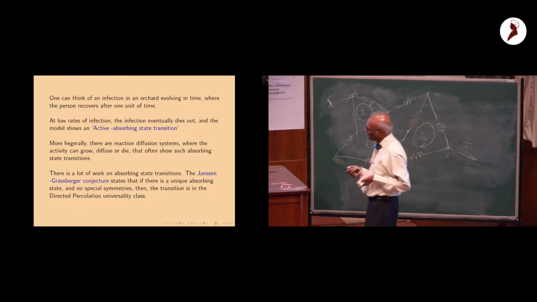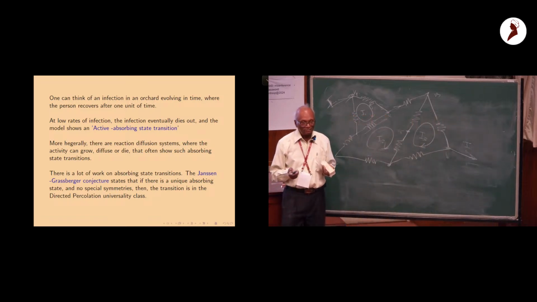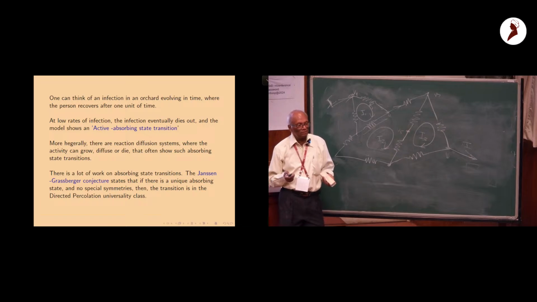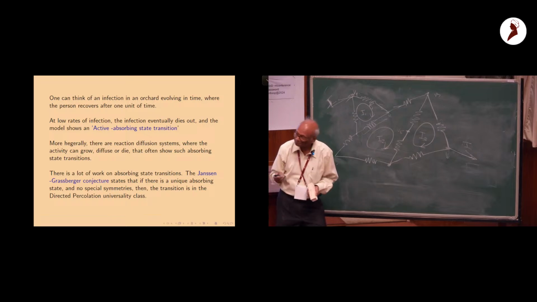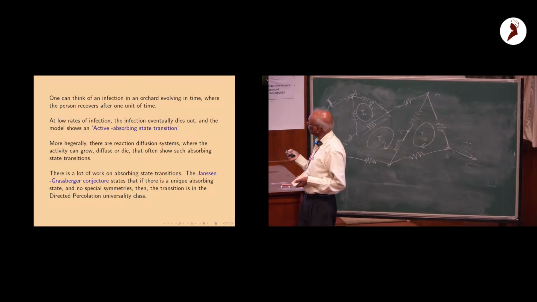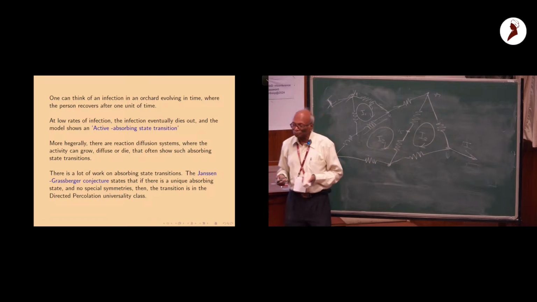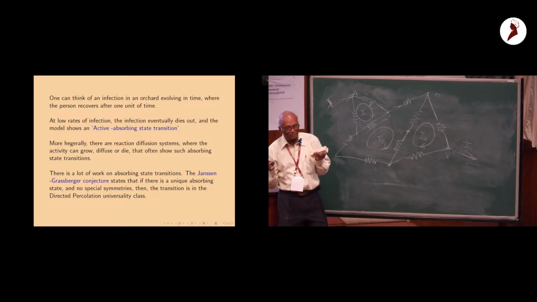Okay? But if the infection rate is high, then by the time this person has recovered, he has infected a large number of other people. And the infection continues in the population even though the individuals keep on recovering. So this thing is called an active absorbing state transition. When everybody recovers and the infection dies, that is called the absorbing state, because once you are there, you cannot come out of it.